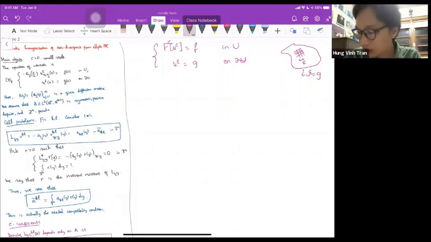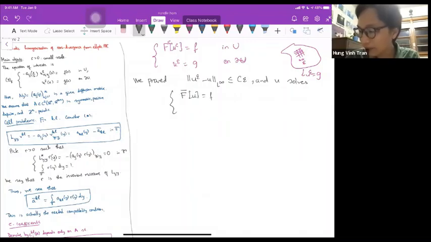What we showed was that u epsilon minus u in L infinity is less than or equal to C times epsilon, where u solves the effective equation. In general, people would write F bar of u equals f in the domain, and u equals g on the boundary.